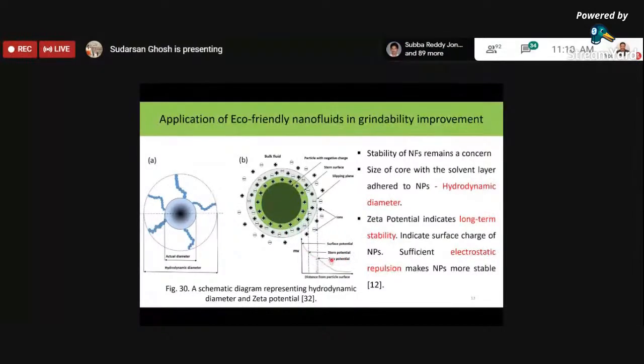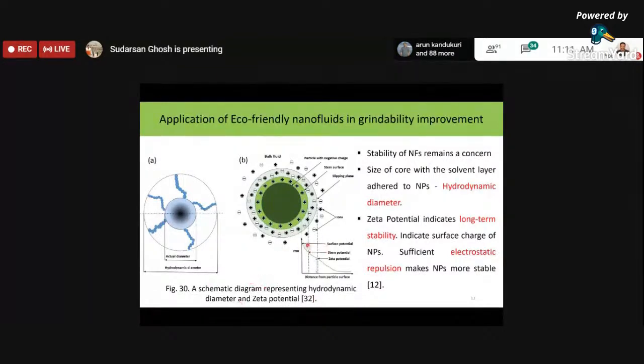If this zeta potential has a particular value, it will ensure the stability of the nanofluids. So when we have made the nanofluids, we have to ensure that the zeta potential value reaches a particular limit. Only then can we call our nanofluid a stable nanofluid, fit to be used in the machining application. That is the reason why we measured the zeta potential.